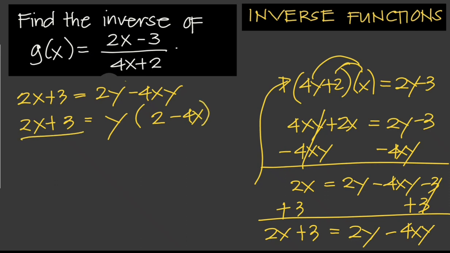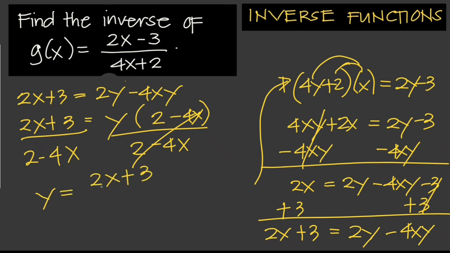Then solving for y, we just divide both sides by 2 minus 4x, because the coefficient of y here is the expression 2 minus 4x, and this cancels out. Therefore, y is just equal to 2x plus 3 over 2 minus 4x.